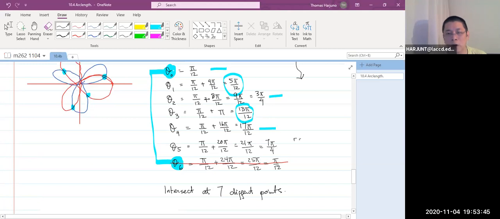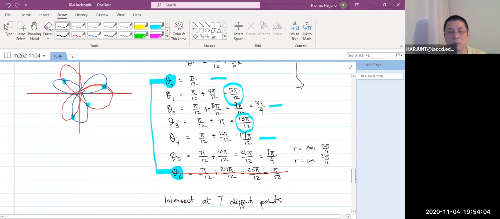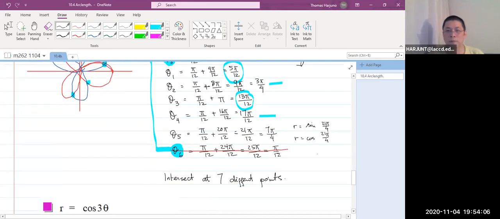So R equals sine 3 theta, so 21 pi over 4, and R equals cosine 21 pi over 4. Is that a question? Where are those?